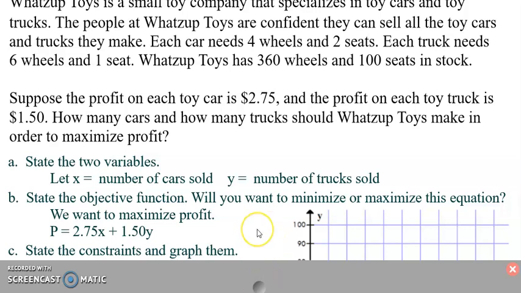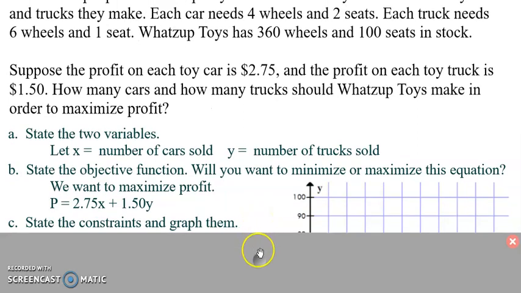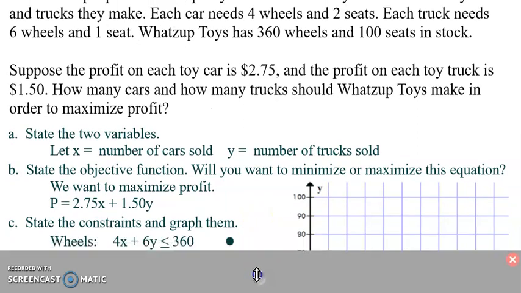For wheels, we've got 4x plus 6y is less than or equal to 360. How I got that is I need 4 wheels for every car, which is x, so 4 times x, plus 6 wheels for every truck, and truck is represented by y.